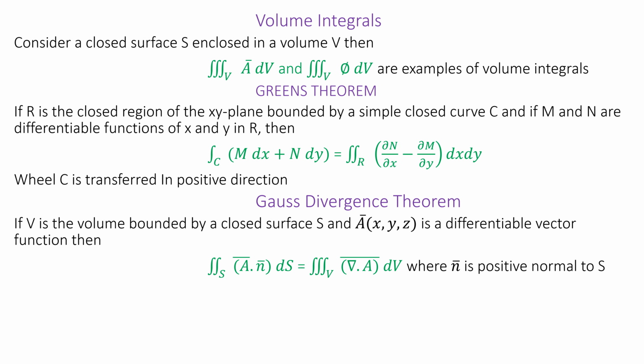Now look at the next theorem, that is the Gauss divergence theorem. If V is the volume bounded by a closed surface S and A bar(x, y, z) is a differentiable vector function, then the surface integral of A bar dot n bar dS is equal to the volume integral of del dot A bar dV, where n bar is the positive normal to S. So basically the Gauss divergence theorem relates the flux of a vector field through a closed surface to the divergence of the vector field in the volume enclosed.